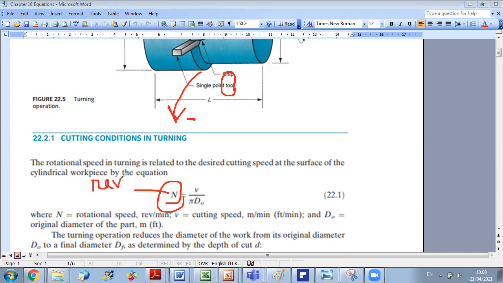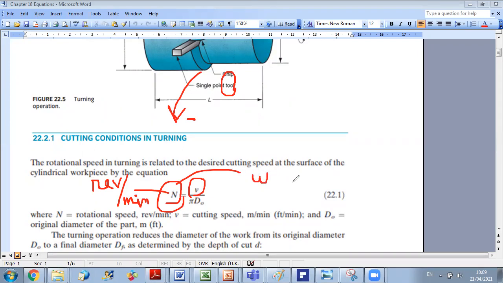In general, they give us the number of revolutions per minute, and we can deduce the cutting speed, because n is proportional to the angular velocity omega. If you know n, you can find omega.